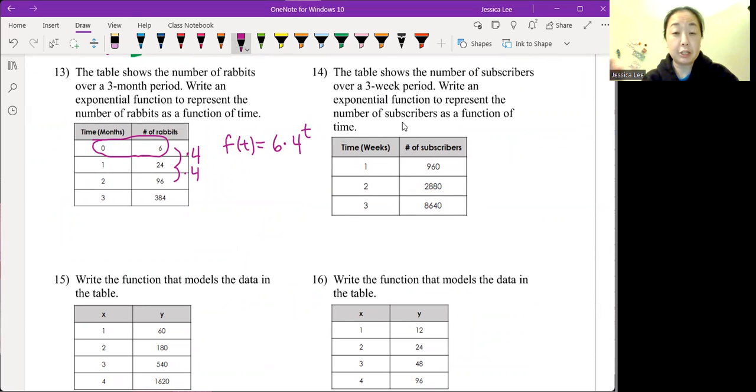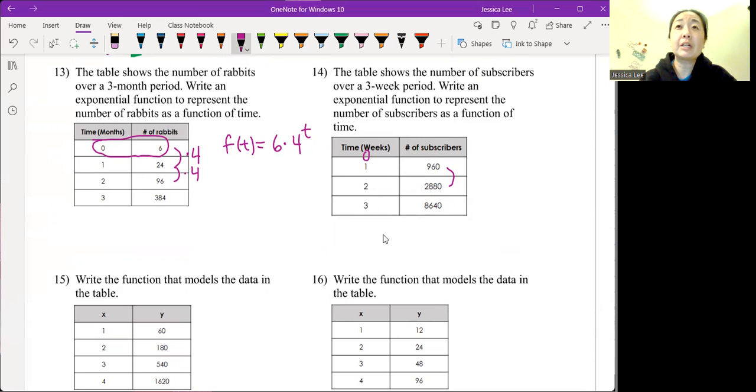So here is our number of subscribers. For this YouTube channel, after the first week, we had 960 subscribers. I don't really have 960 subscribers, but whoever this is, they did. So we want to know how many they started out with. I don't know how many times 960 times what is going to give me 2,880.